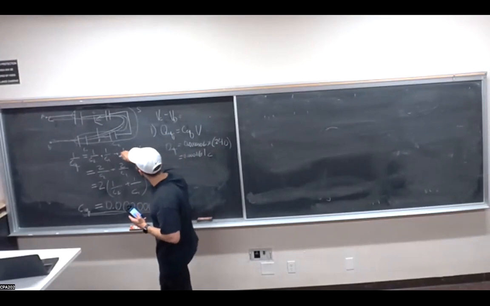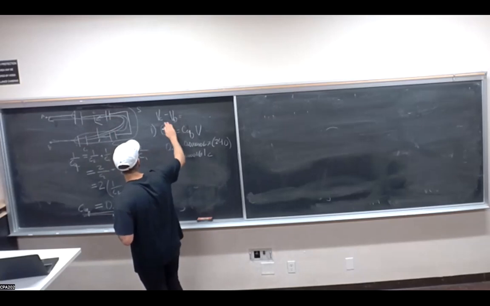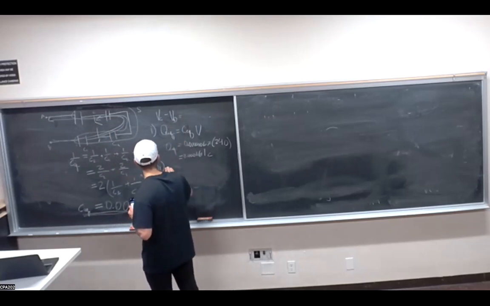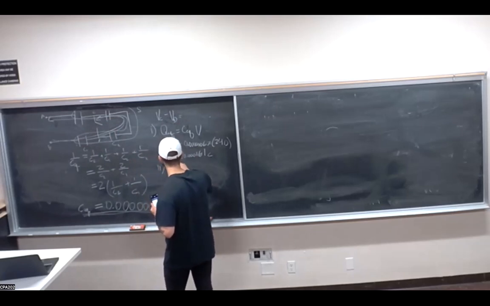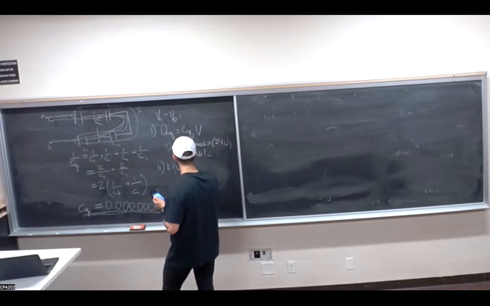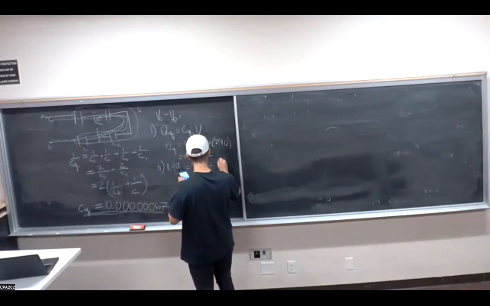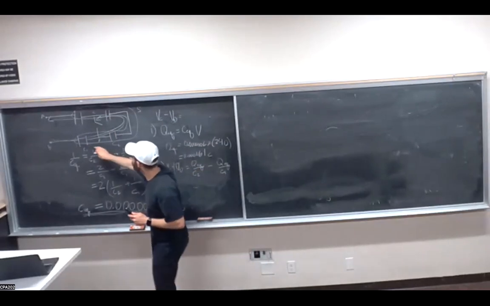And again, all of these capacitors are in series, so they all have the same charge. So that means when we're looking for VCD, I'm going to continue down here, where VCD is equal to VC minus VD, which is equal to QEQ over capacitor 2 minus QEQ over capacitor 1. Again, the charge at all of these is the same.